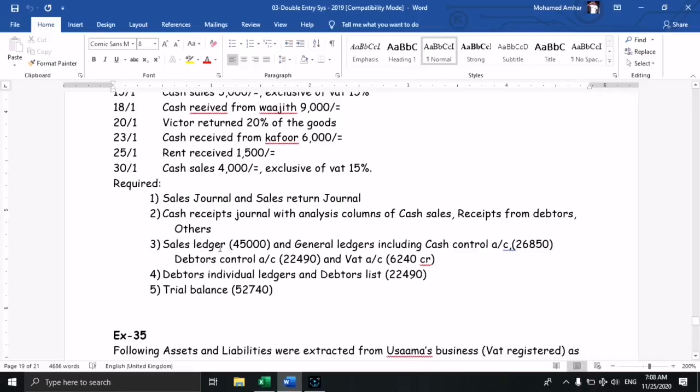Third question is sales ledger, general ledgers including cash control account, debtors control account, and VAT control account. Then question number 4 is debtors individual ledgers, and then trial balance.